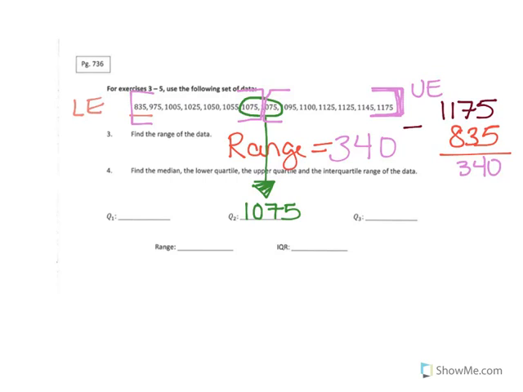So quartile 1 is going to be your middle number in the first set of brackets, and that should be 1,025. And quartile 3 is going to be the middle number in the second set of brackets, and that should be the number 1,125.